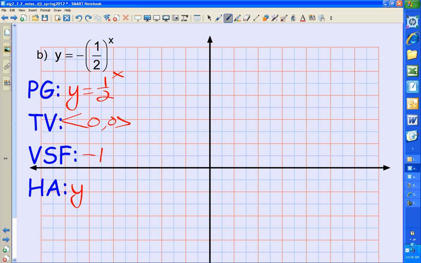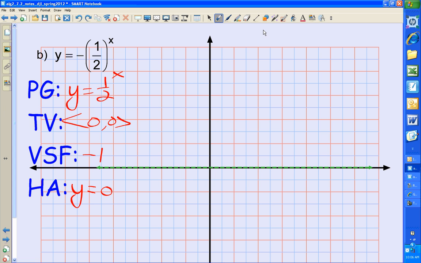Y equals 0. So there's not much to this list compared to the parent graph, except for the vertical stretch factor of -1, but that does have a huge impact on what our graph ends up looking like. So through 0, 0, we draw our horizontal asymptote.